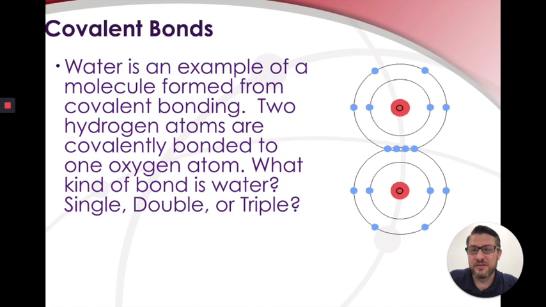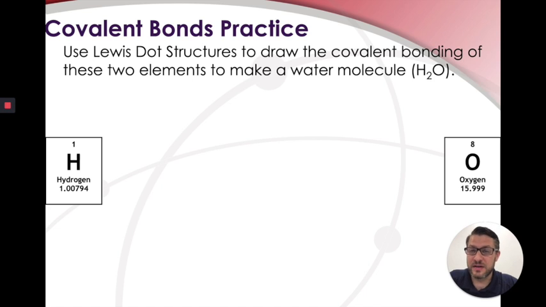So let's look at another example. Let's look at water, which of course we know is H2O. So water forms covalent bonds as well, so what would that look like? The easiest way to do that is to draw the Lewis dot structure of these atoms. Again, the Lewis dot structure is a very convenient diagram to help us understand how atoms are going to bond together.